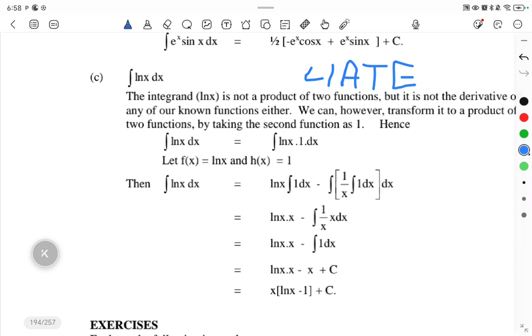Which the function is 1 and ln x. One falls under algebra. So we have algebra and log. Log is ln, so it's the one which I'm gonna let be f of x. You see, I have 1 and ln. So I let 1 be g prime of x. You see, right?